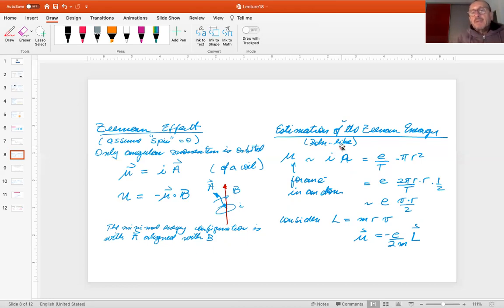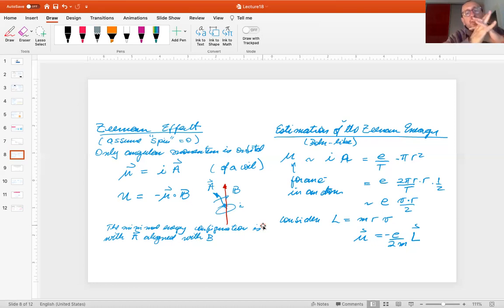Let's estimate, based on this simple model, the magnetic moment of an electron as the one obtained by the electron traversing around the nucleus in some sort of circular motion. We can estimate the Zeeman energy, which is the energy added to the electron, apart from whatever energy is given by the potential energy of the nucleus.